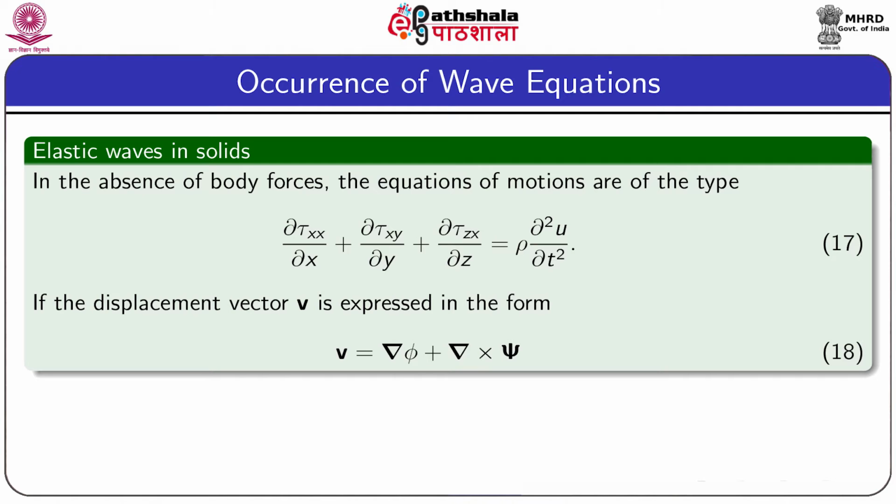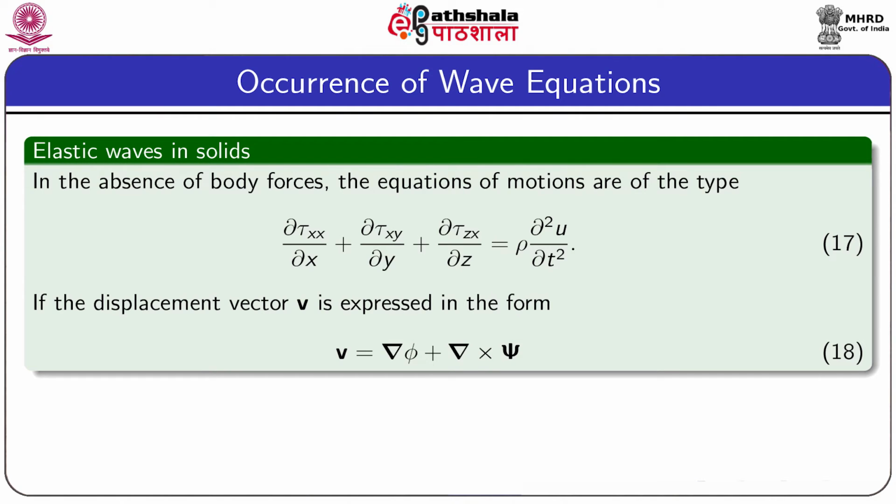If the displacement vector v is expressed in the form v is equal to gradient of phi plus curl of psi, displacement is divided into two parts, one is the gradient part and another one is the curl part.